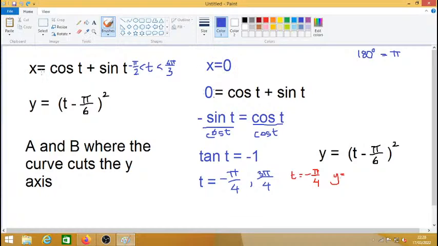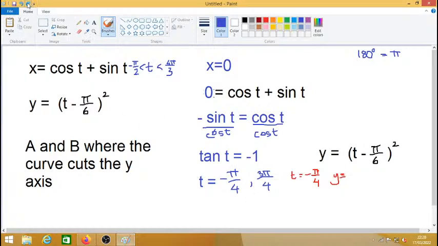Take the parametric equation for x, substitute in the 0, rearrange, you'll then get an equation for t. You can inverse tan to get what t is. Remember to try and get more than one answer if it's a sine, cos, or tan type equation.